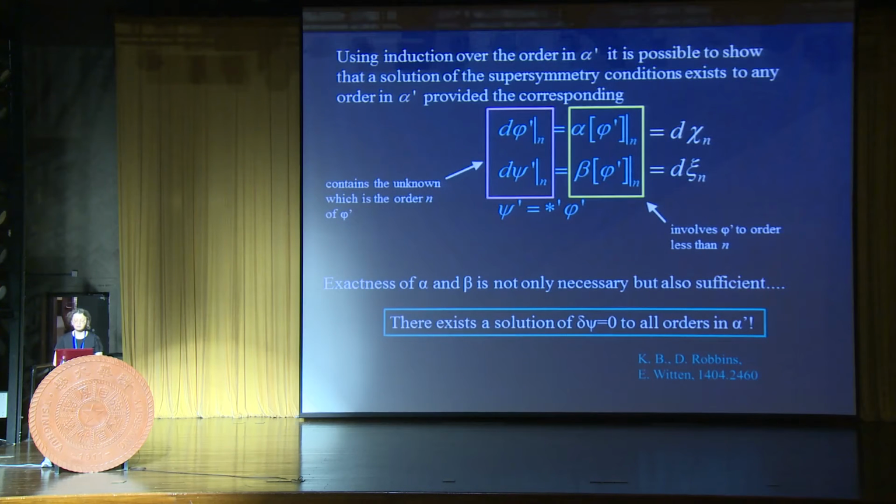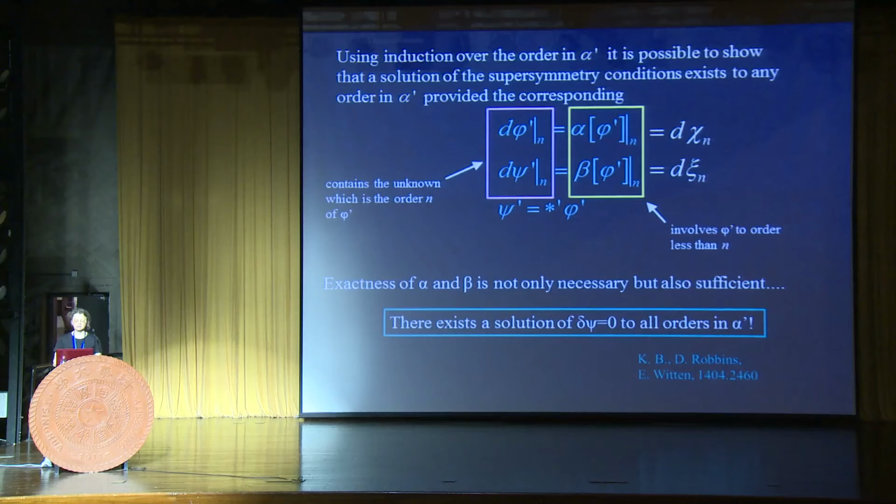Now I should emphasize the difference between the all orders in alpha prime argument and the argument to order alpha prime cubed. Nobody has given us the corrections to the gravitino variation to an arbitrary order in alpha prime. So such a formula doesn't exist. It's too complicated.